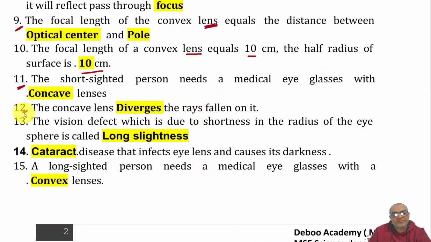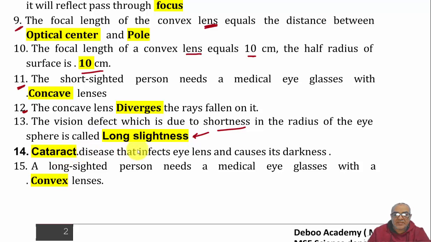Question number 12. The concave lens diverges the light falling on it. The vision defect which is due to the shortness in the radius of the eye sphere is called long-sightedness.